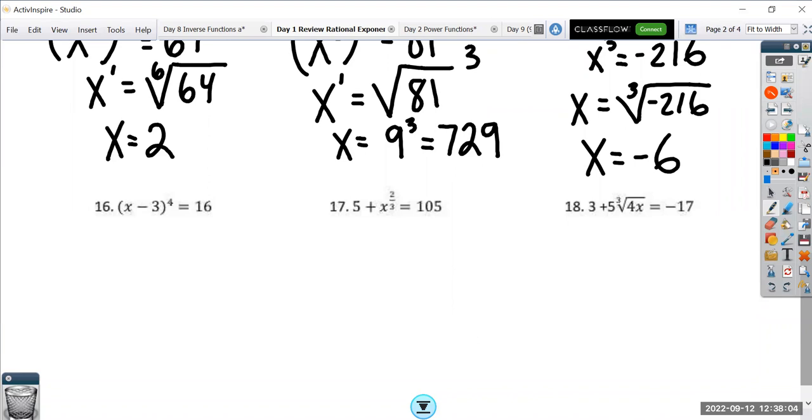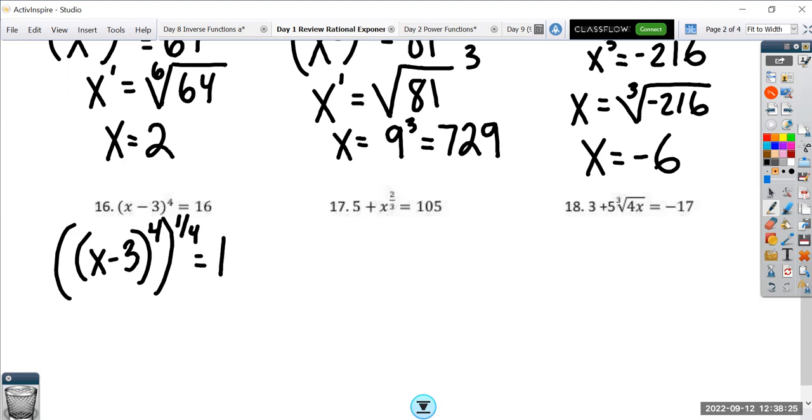So I have x minus 3 to the 4th equals 16. First thing I have to get rid of is this 4th. To get rid of an exponent of 4, I need to take my left side to the 1/4 power, and whenever we do the left, we've got to do the right.